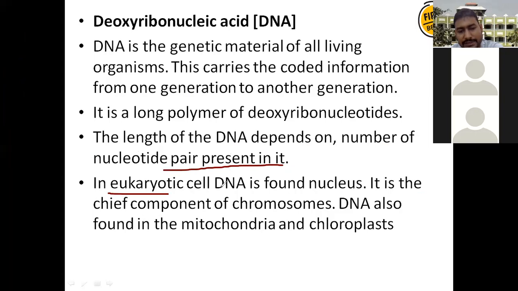In a eukaryotic cell, DNA is found in the nucleus. We have seen prokaryotes: they don't have a nucleus, meaning no inner boundary. The genetic material of prokaryotic cells, either bacteria, archaebacteria, cyanobacteria, or mycoplasma, lies in free form inside the cell.